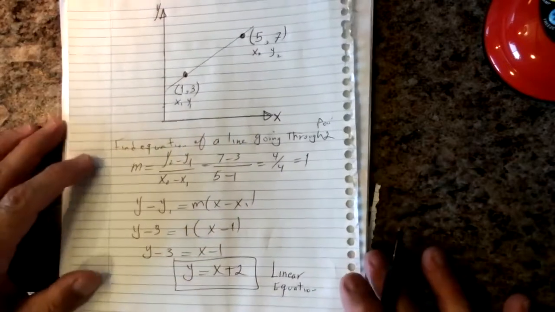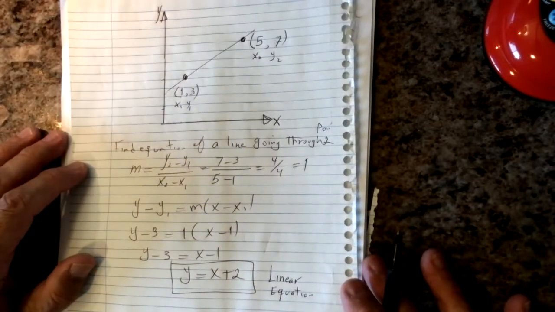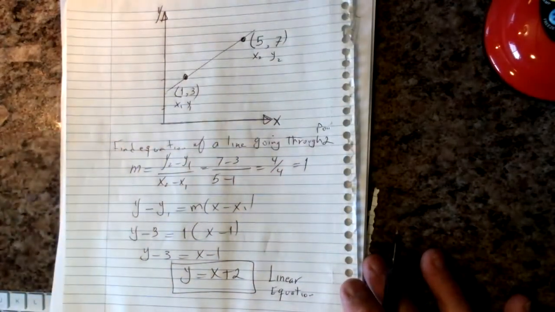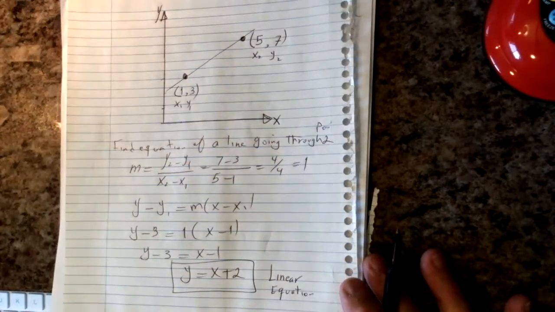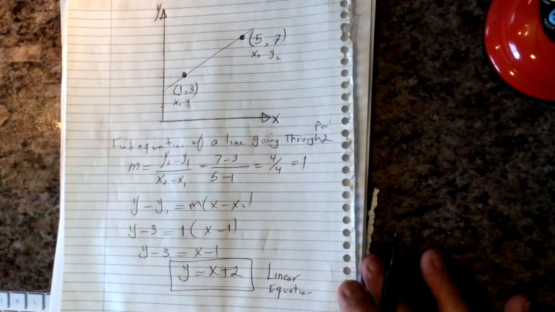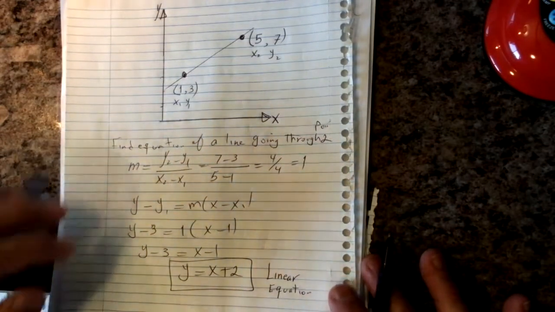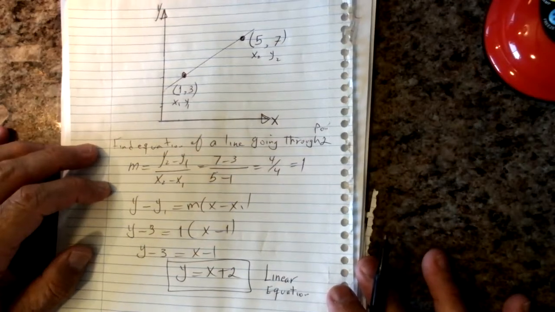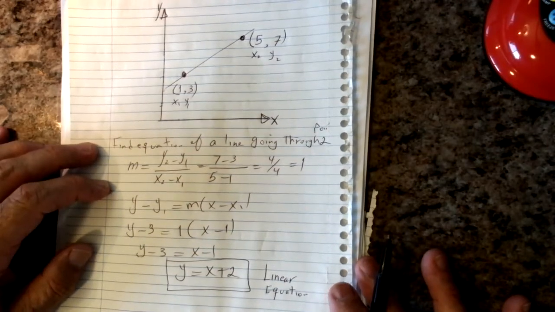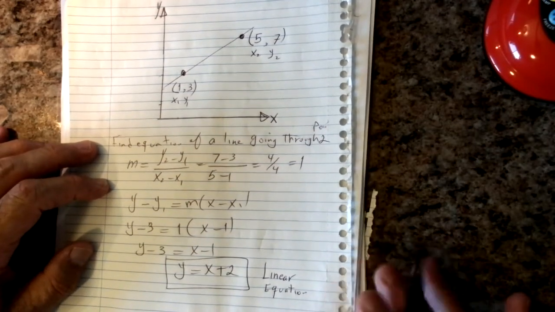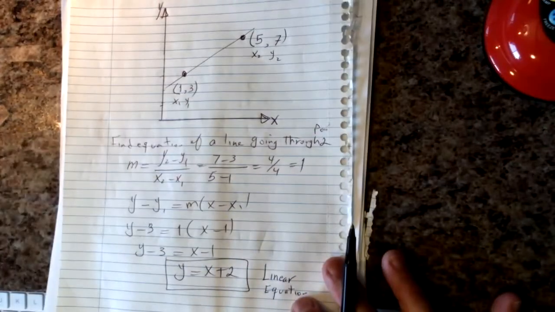Now, in section 10.2, when we give you a bunch of points and we ask you to find the equation, the equation that you find in section 10.2 is the equation of this straight line, and they call it the regression equation.